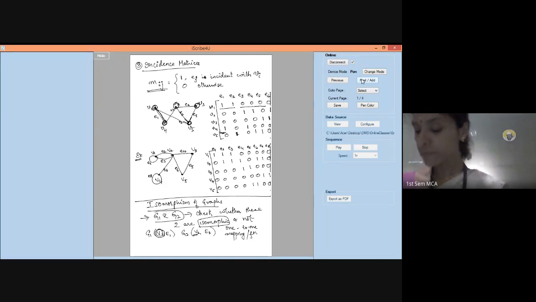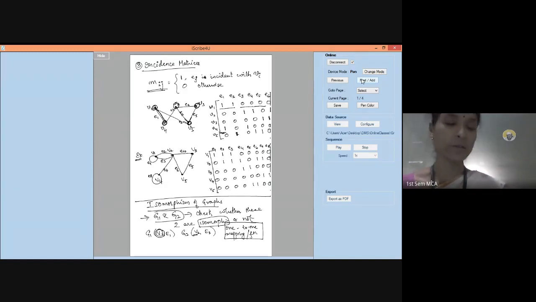Now, let me repeat. There are two graphs, G1 and G2 given. These graphs are said to be isomorphic if there exists a one-to-one mapping between them. In other words, every vertex of G1 should be mapped onto a particular vertex of G2, and every edge of G1 should be mapped to a particular edge of G2.